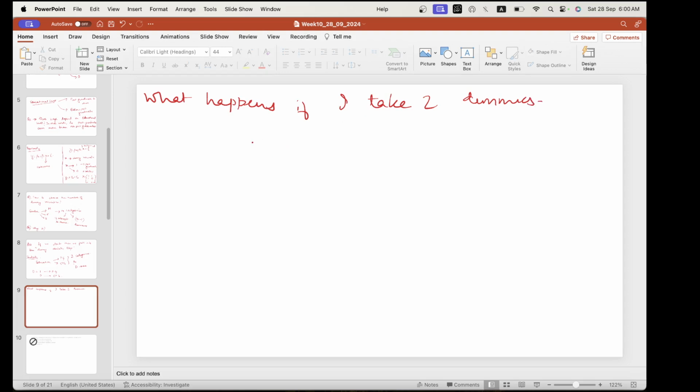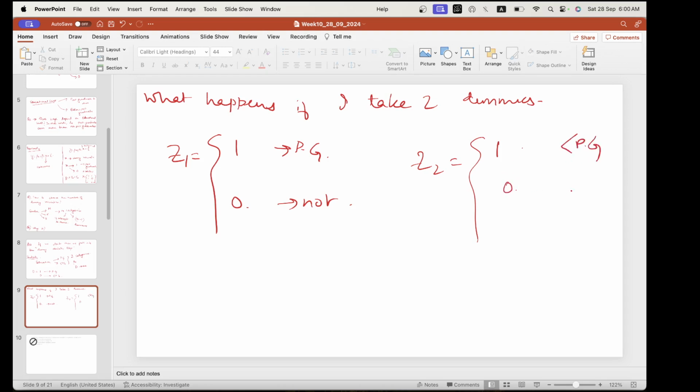Then Z1 is one dummy, which is 1 if the ith individual is postgraduate and 0 if not, and Z2 is another dummy which is 1 if the ith individual is less than a postgraduate, and 0 otherwise. Then the model would be beta naught plus beta 1 Z1 plus beta 2 Z2.